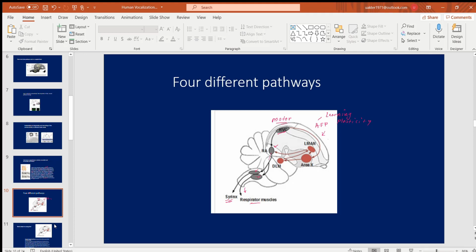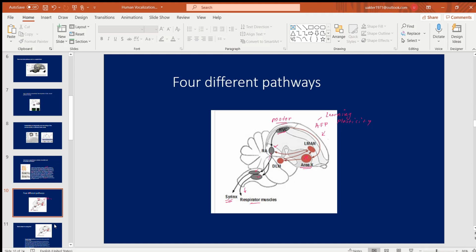Now if you see the AFP, the anterior forebrain pathway, you see an area that is called area X. Okay, it's an important area, and this area is homologous to the mammalian basal ganglia.